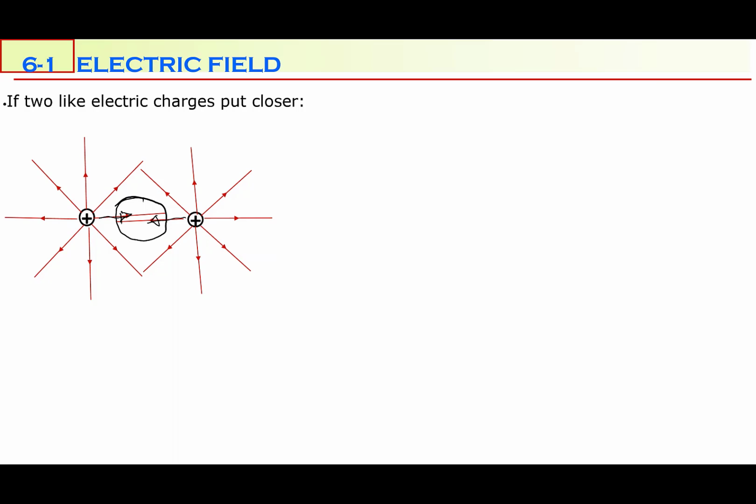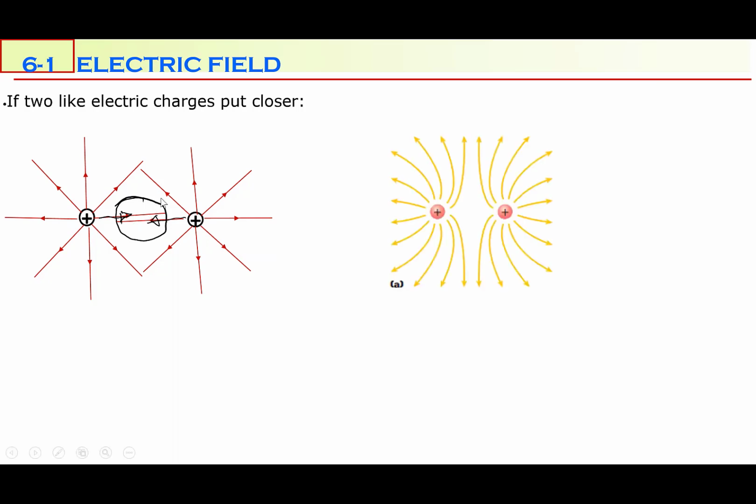It becomes zero. So if two like charges, positive and positive, are held close to each other, electric field between these charges becomes zero because their directions are opposite. That's why they cancel each other.